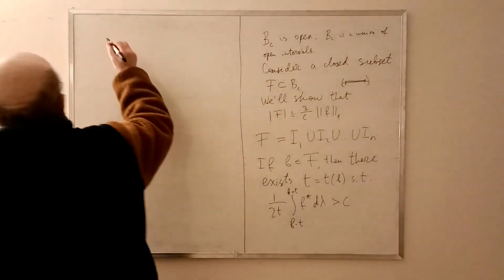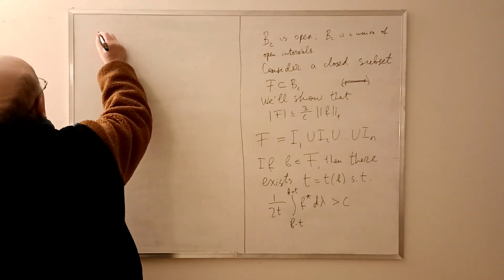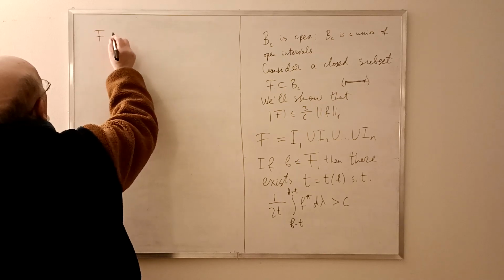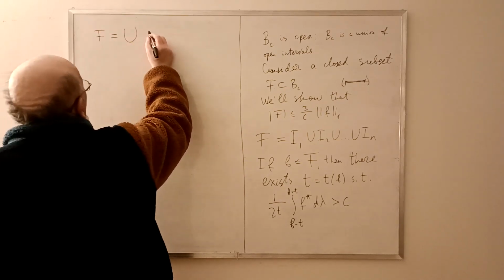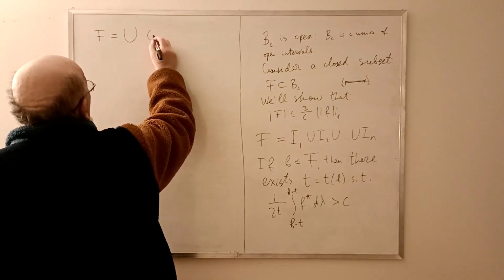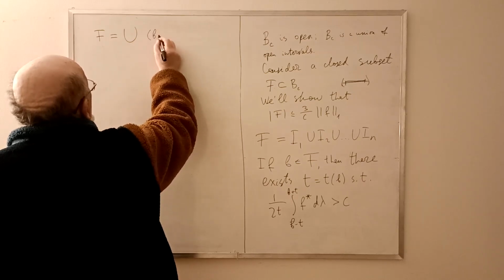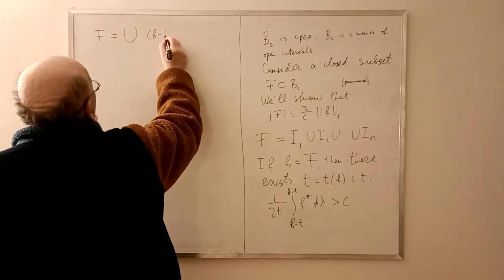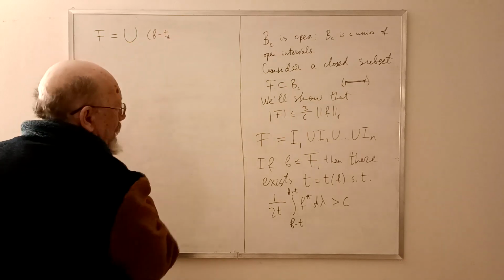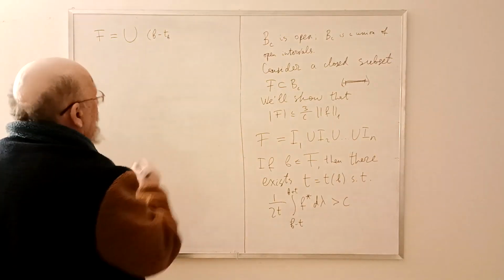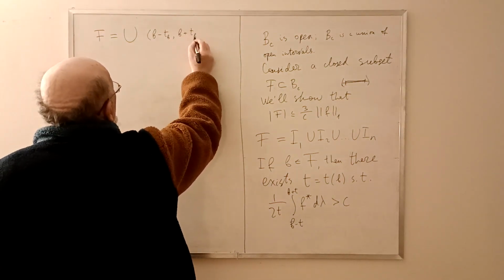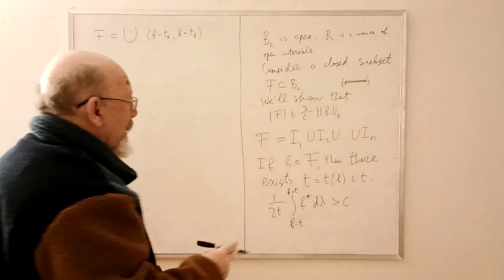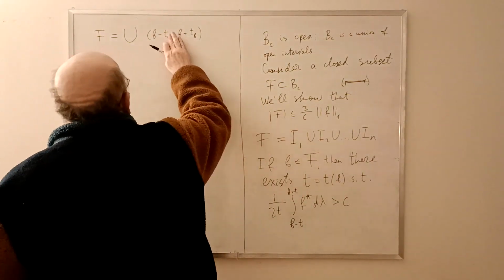So this means that F equals the union over b in F of the intervals b minus t of b, b plus t of b.